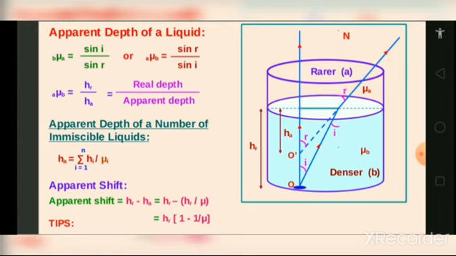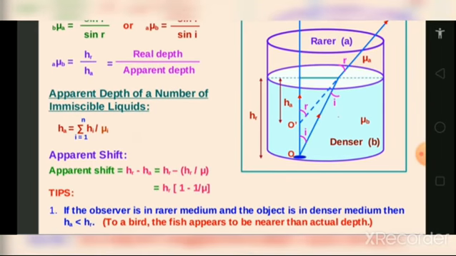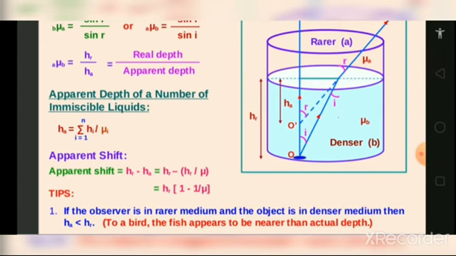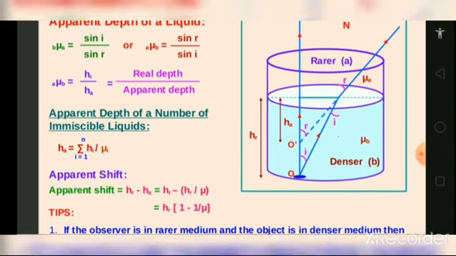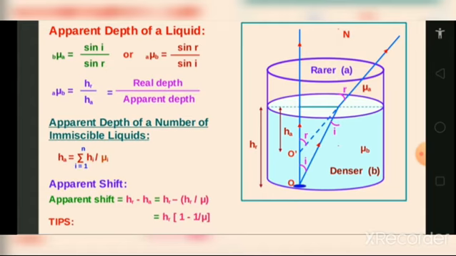Now suppose the object is inside the water and there is a person's eye viewing it. With respect to the position, the image seen will be at a different point.